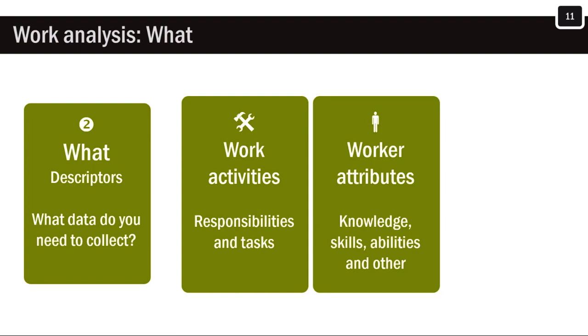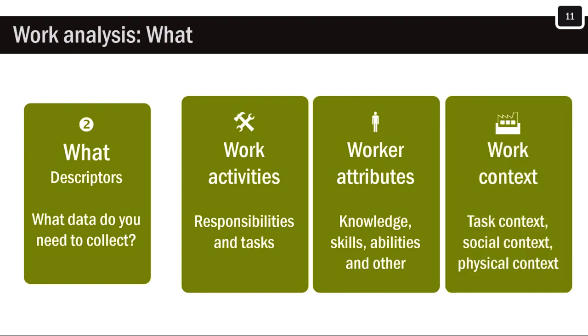You also need to know what knowledge, skills, abilities, and other personal characteristics, say educational credentials or professional certification or particular attitudes, that a person needs to have to perform the work successfully. And you also need to know the specific task, social and physical context in which the work is performed.